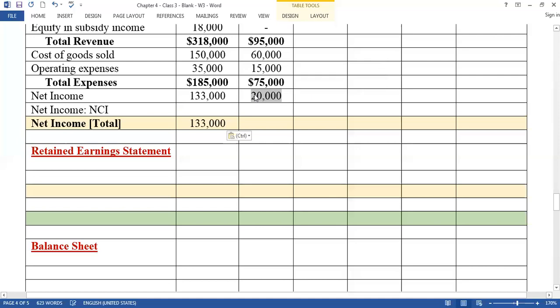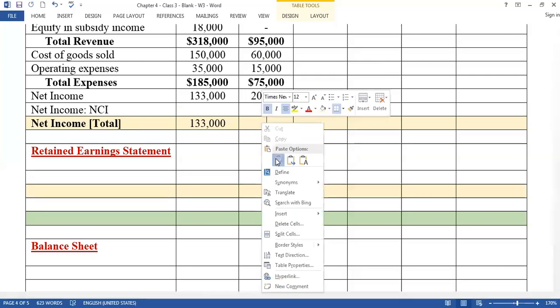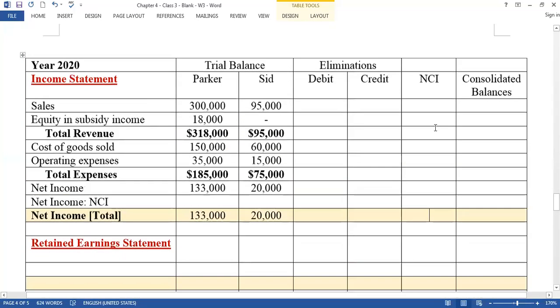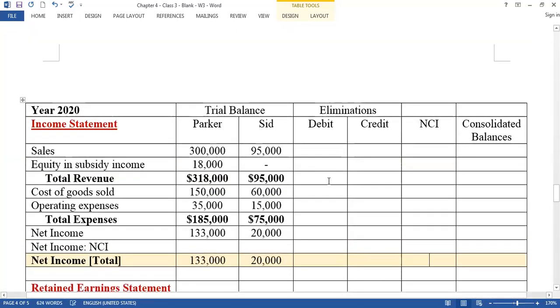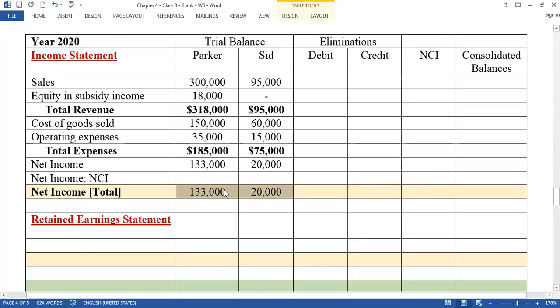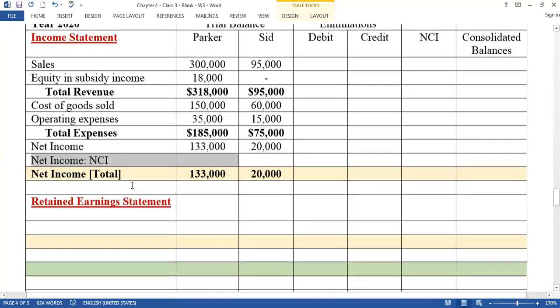It is $20,000, and another will come here, and you can easily guess it is 2,000. I will write later on. So this part done, this part done. We create only one new cell for NCI.